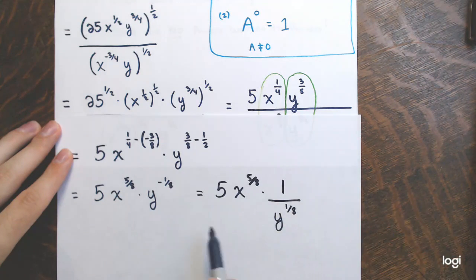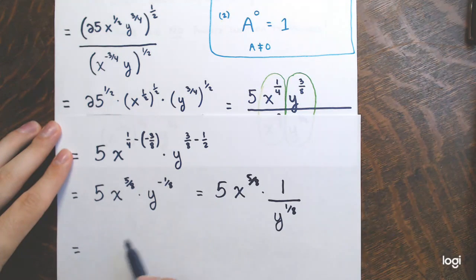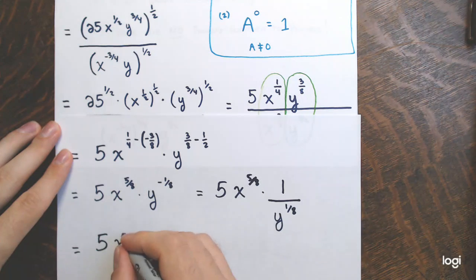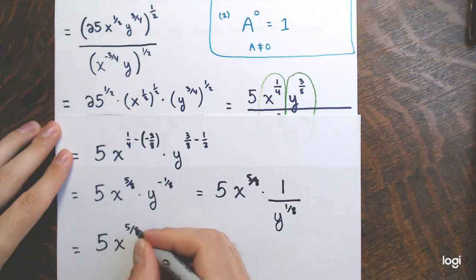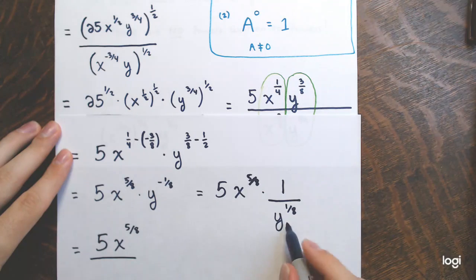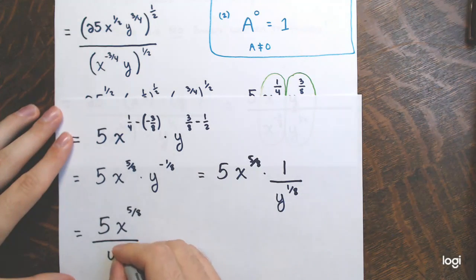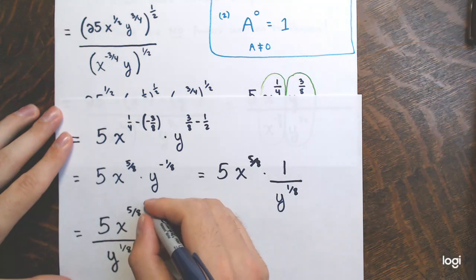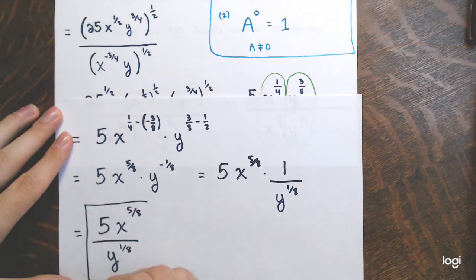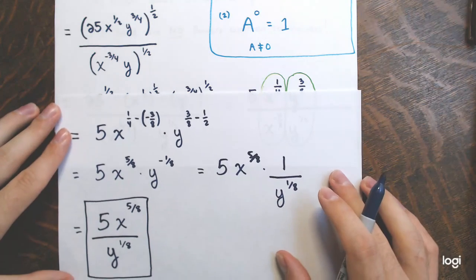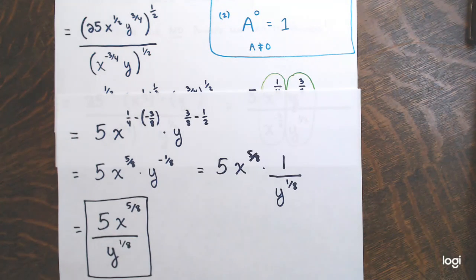And so really all that does is put y to the 1/8 in the denominator. You multiply these numerators, you get 5 times x to the 5/8 power divided by, and then multiply the denominators, you have y to the 1/8 power. And that's it. This would be considered simplified by all my criteria. Right? All exponents are positive.